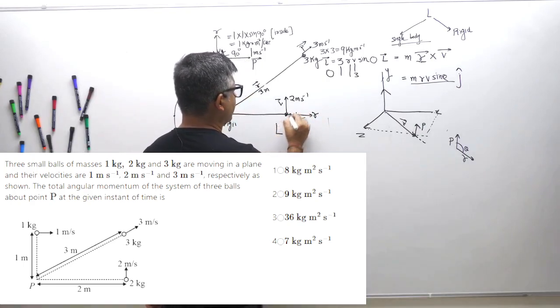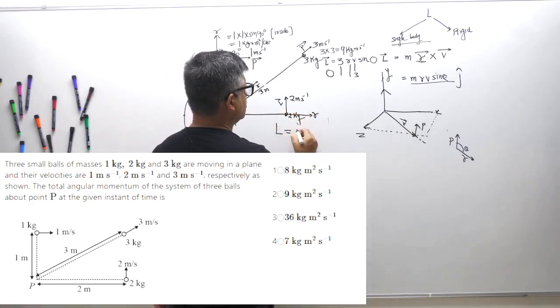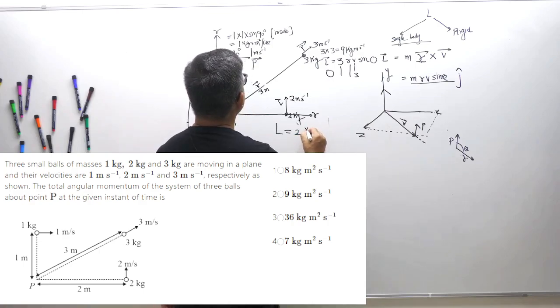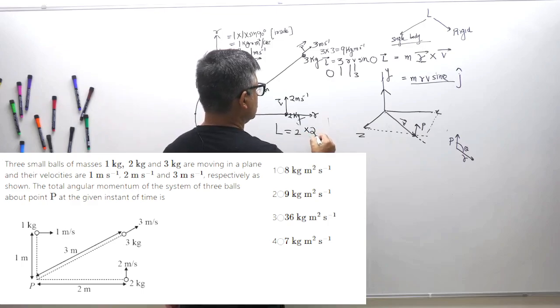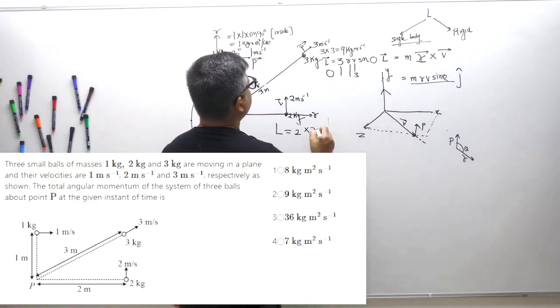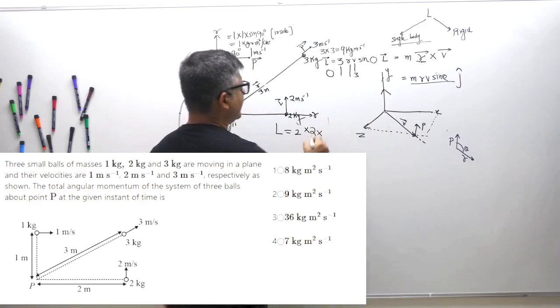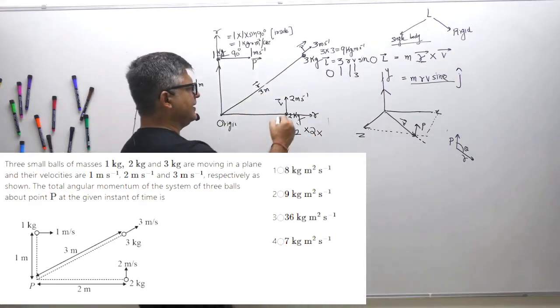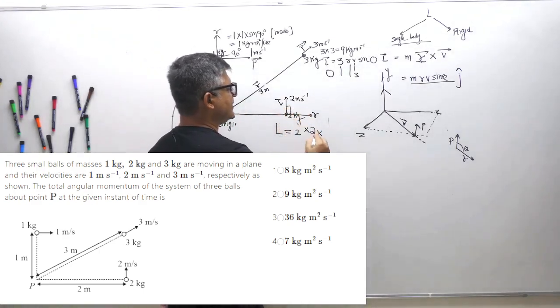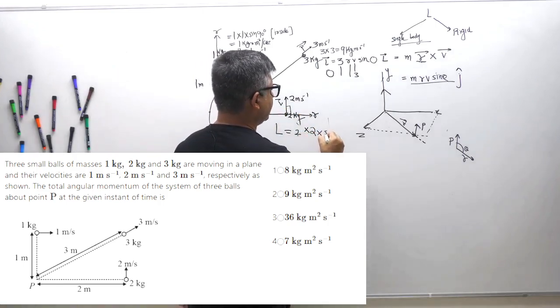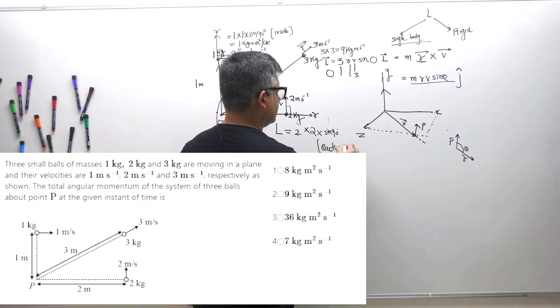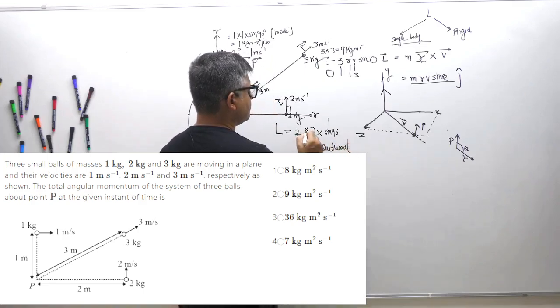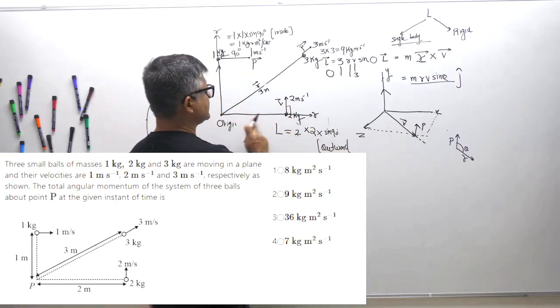The angular momentum of this body is equal to 2 into 2, okay, let's look into the angle also. The angle is again 90 degrees, so 2 into 2 into sine 90. And I'm going to write it as outward.